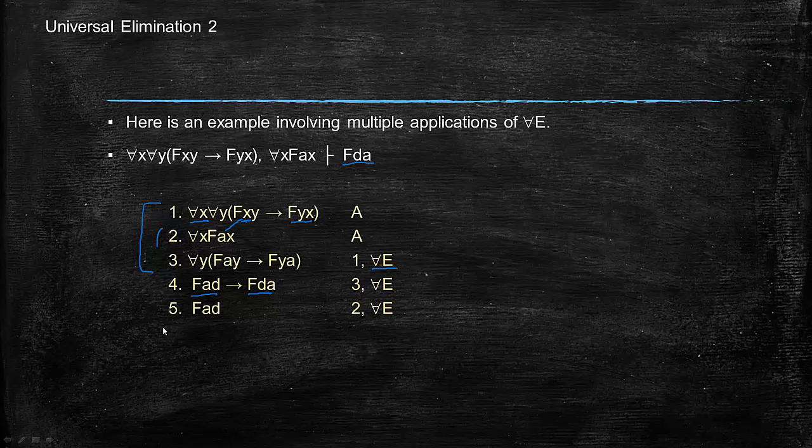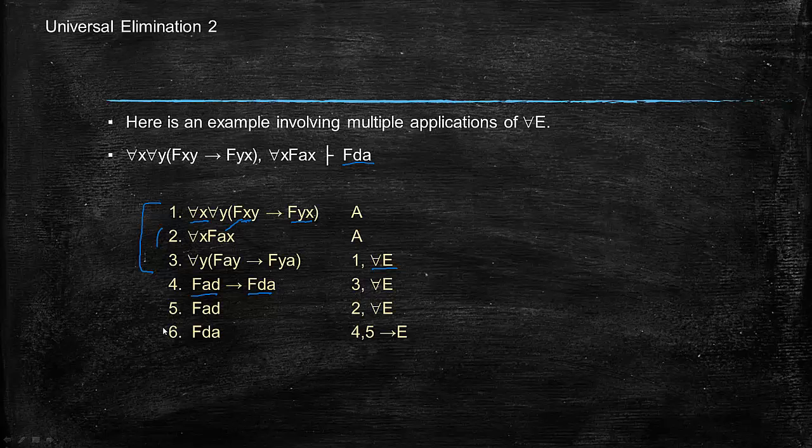So that's the basic approach to doing predicate logic proofs: to apply the rules for the quantifiers so that we can render them into propositional logic proofs.